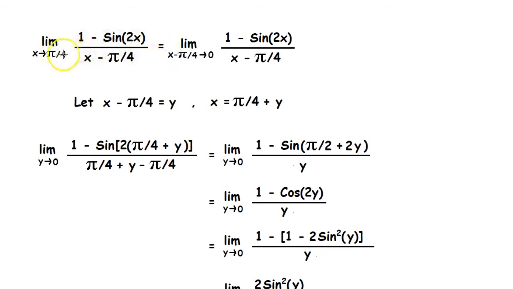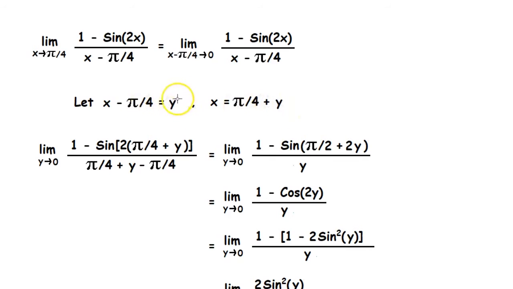So what we do here is we bring this pi over 4 to this left hand side. So that will be x minus pi over 4 tends to 0. So now what we do is we let this x minus pi over 4 equals y. So basically we are causing a substitution, and therefore x will be equal to pi over 4 plus y.